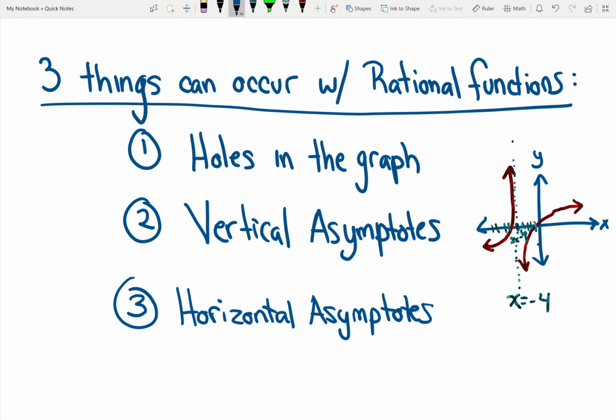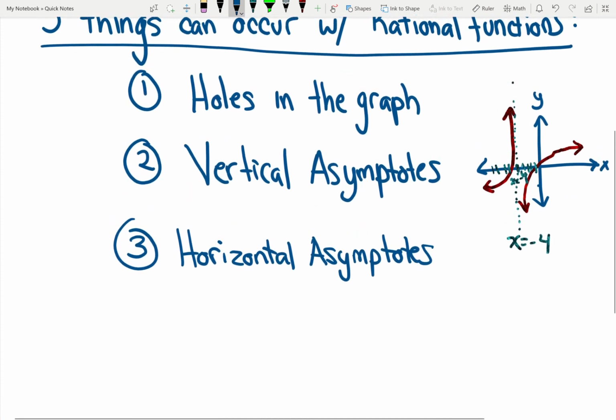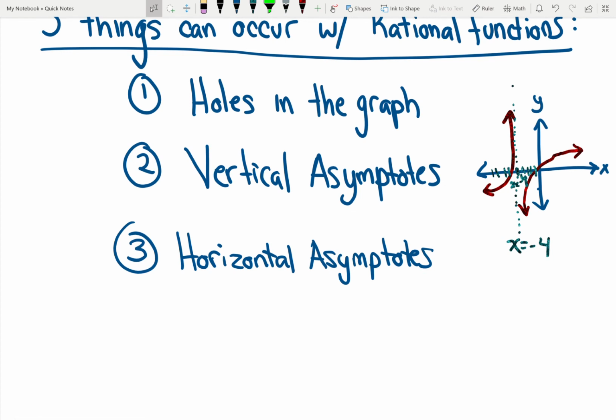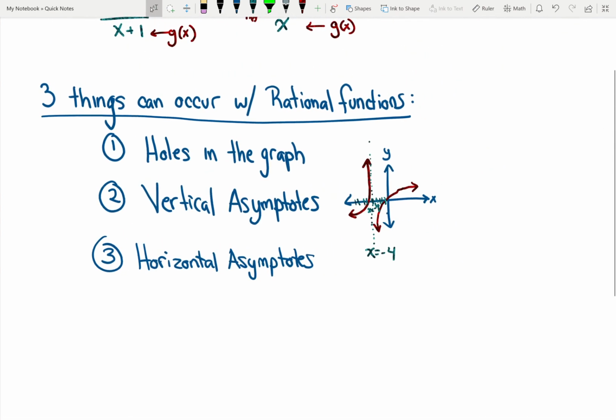The thing about horizontal asymptotes is that when we talk about our graph not crossing it, we really mean for very, very large numbers of x or very, very small numbers of x. You'll see what I mean. We're going to go over some graphs that will depict this, but right now I'm just giving you a general overview.